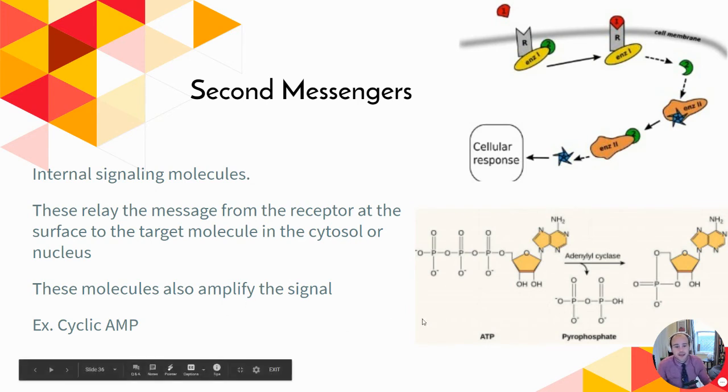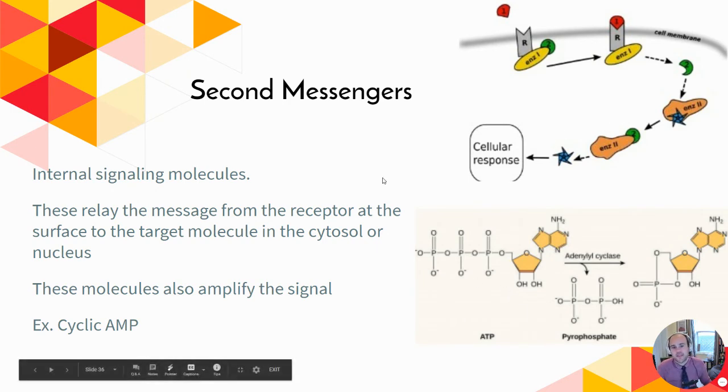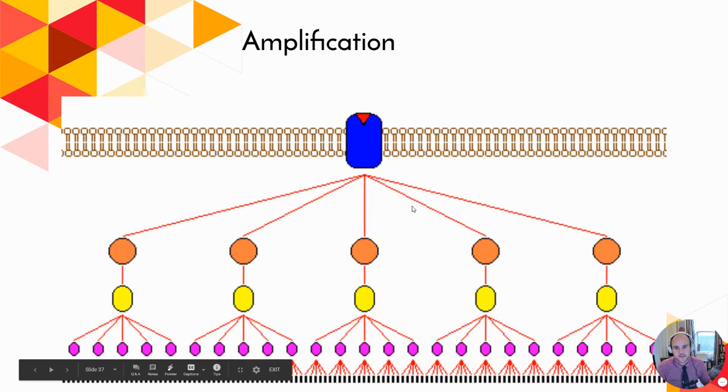So cyclic AMP, as you can see here, is a form of that. There's all sorts of enzymes. We've talked about kinases, those enzymes that attach phosphate groups to other proteins to activate them. That could be in this transduction response.